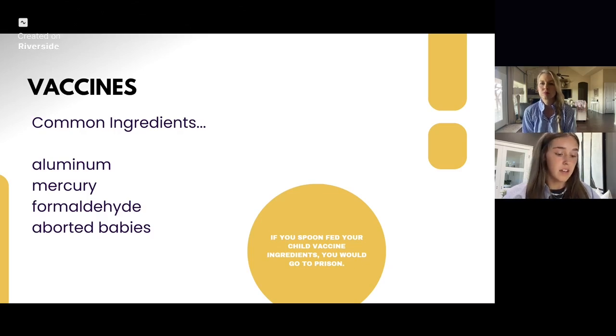So they unfortunately are not pushing those for your better good. They're pushing them for their wallet. And that's something you'll find in a lot of these medical interventions that are not for our better good, but for their wallets, unfortunately.